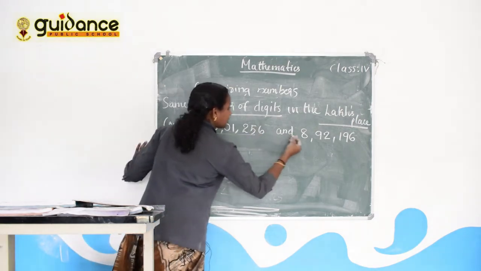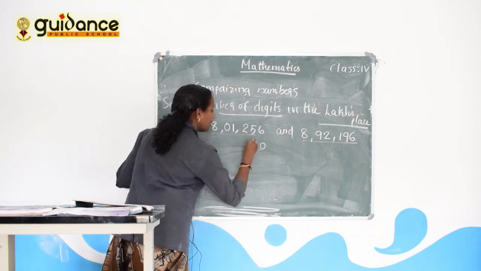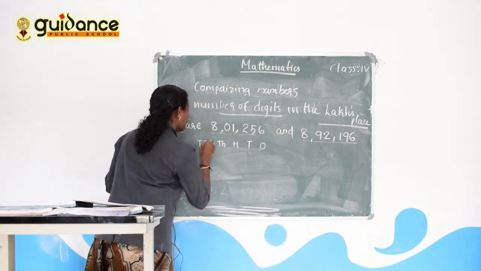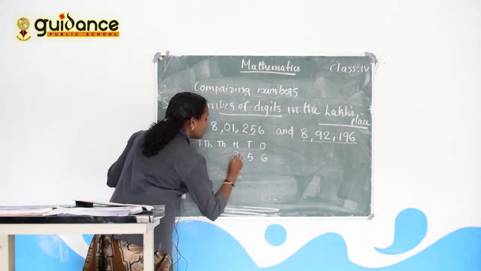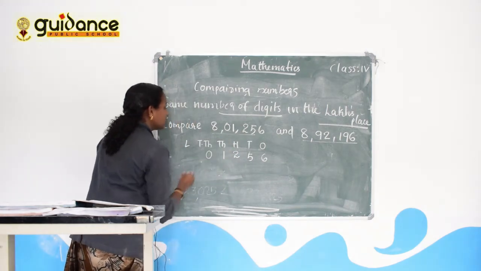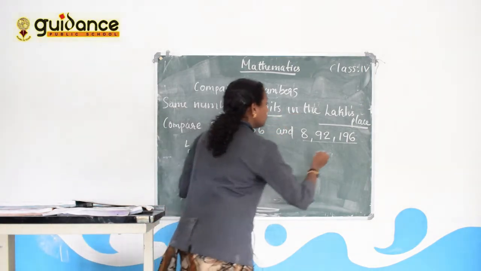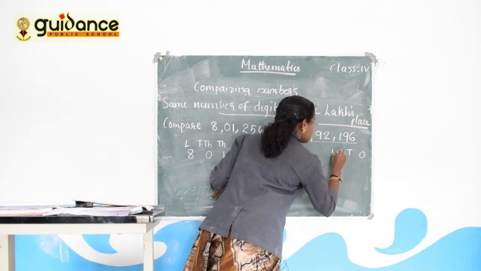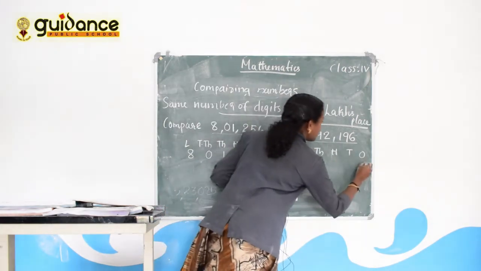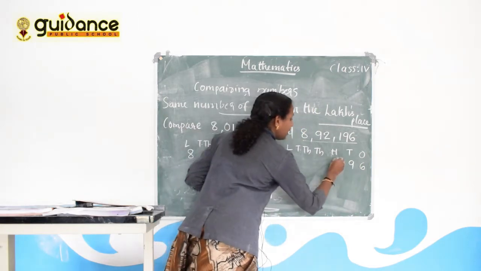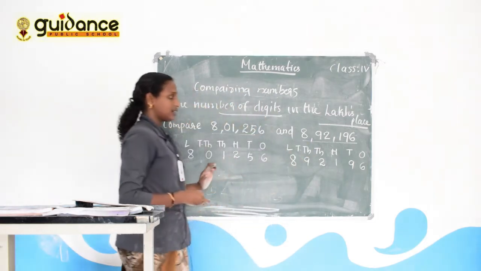Each has a 6-digit number: ones, tens, hundreds, 1,000, 10,000 and lakh. Ones 6, tens 5, hundreds 2, 1,000 is 1, 10,000 is 0, lakh 8. For the other number: ones 6, tens 9, hundreds 1, thousands 2, 10,000 is 9, and lakh 8.